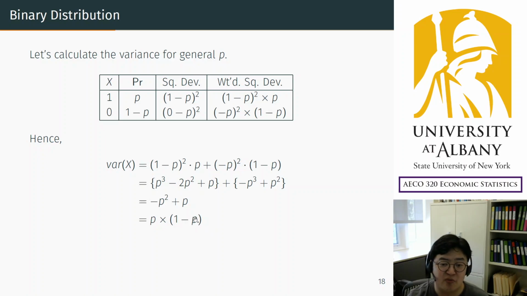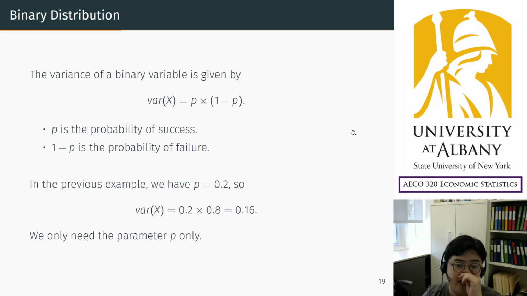I recommend you to memorize this as probability of success times probability of failure. There are only two possible outcomes. If you multiply them, that is the variance, right? This is very simple and interesting. Why variance becomes the product of these two probabilities. So applying this rule, this is a general formula for any binary distribution.